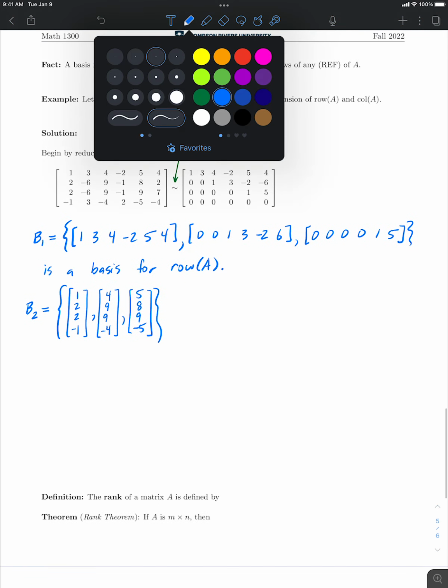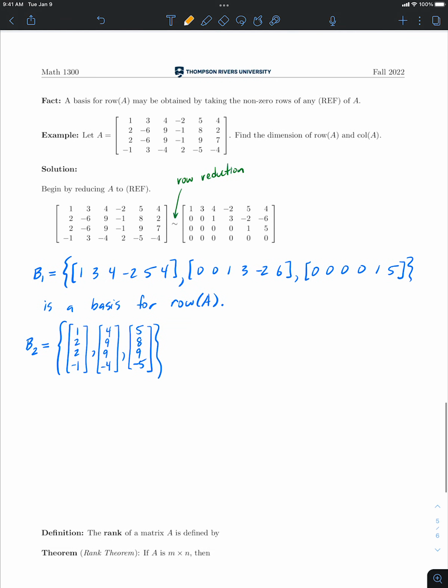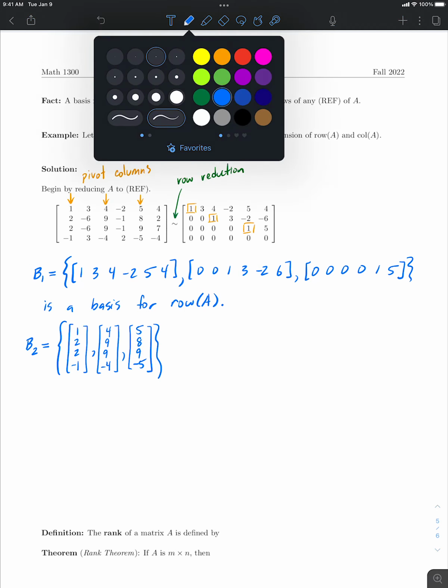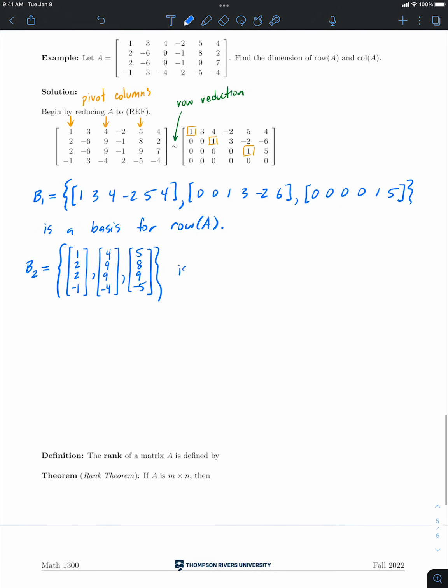Just to clarify, the reason for that is because column 1, column 3, and column 5 are the pivot columns, right? And that's because of the leading ones in this row echelon form. Those leading entries tell you which columns are pivot columns. Okay, so this is now a basis for the column space.